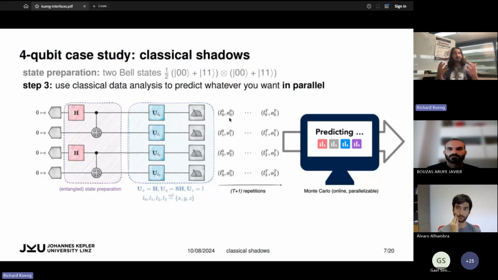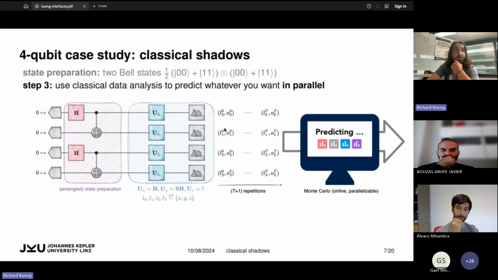So this is one strategy where we run the experiment, generate new data, and as soon as a new data array comes, we can use a parallelizable computer to update many different observable estimators in parallel.